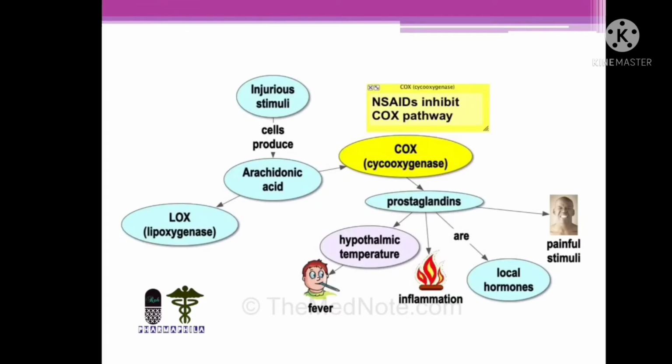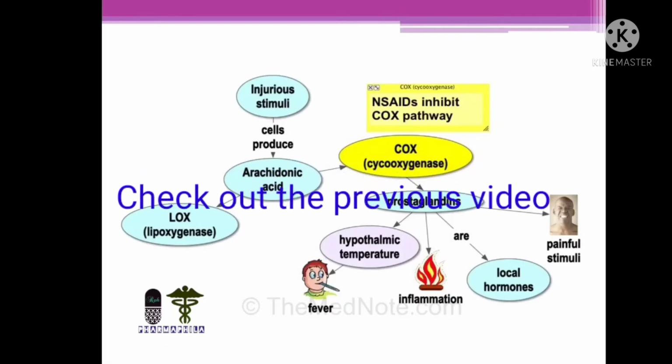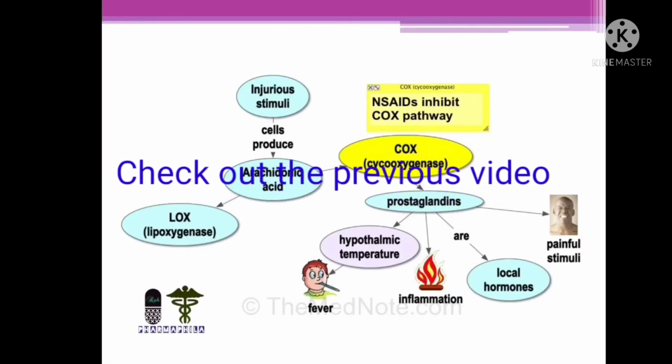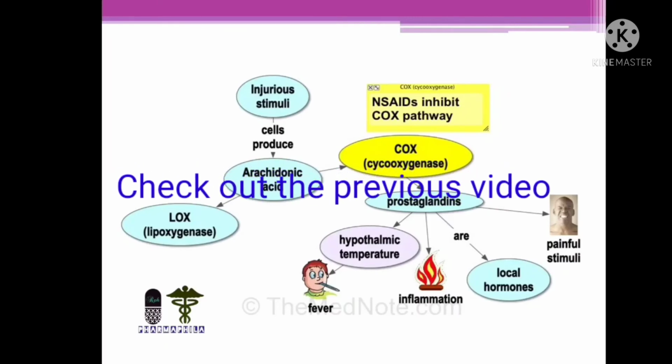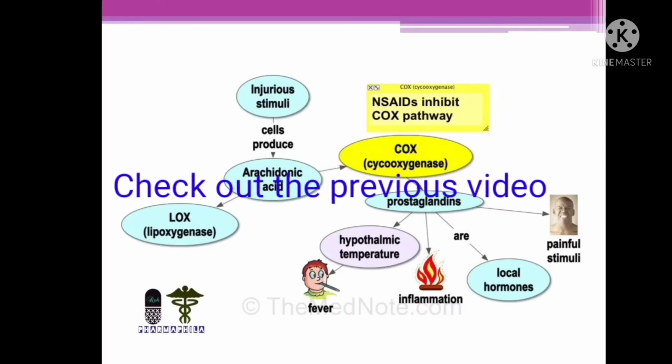With an injurious stimulus, the cell produces arachidonic acid, which goes by two pathways, the COX and the LOX pathway. By the COX pathway, it produces prostaglandins, which are basically local hormones present endogenously in our body. So they have a role in inflammation, in hypothalamic temperature control, and the painful stimulus.